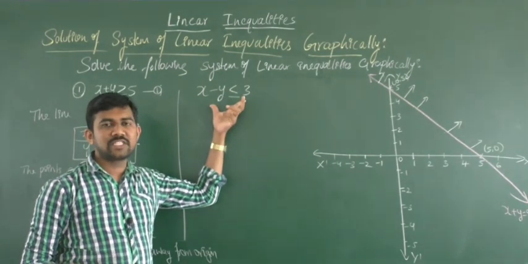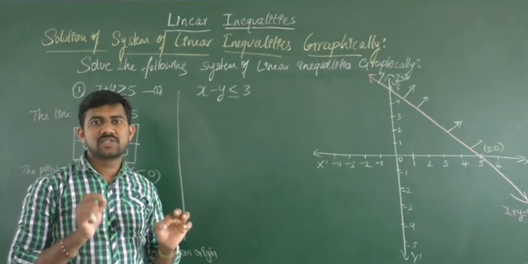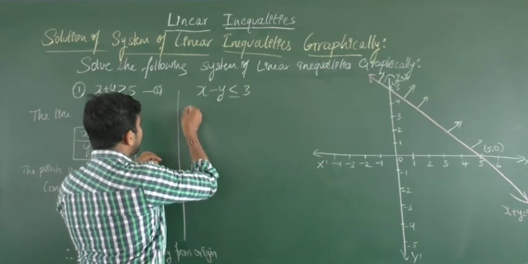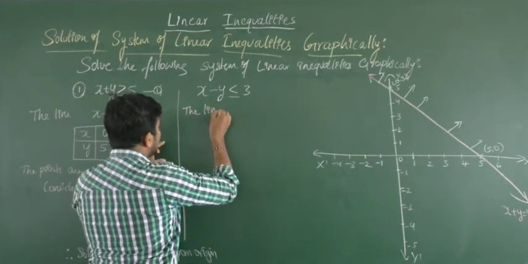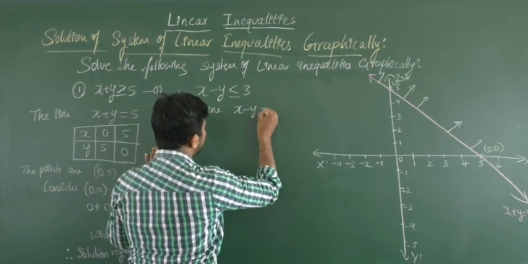Similarly, for the second inequation, again we need to find the line and check the solution region. First write the line. The line is x minus y is equal to 3.